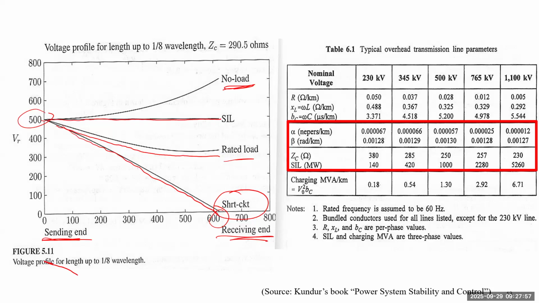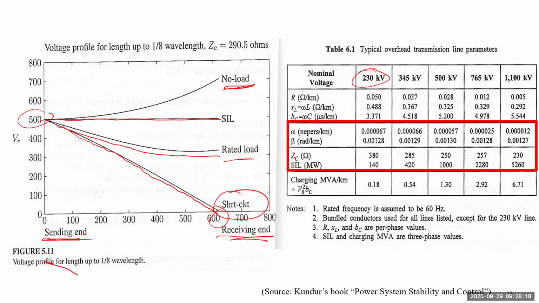is to show the surge impedance and the surge impedance load at different voltage levels for some typical transmission lines. For instance, if you operate at 230 kV, the surge impedance only depends on L and C, it doesn't depend on the length.